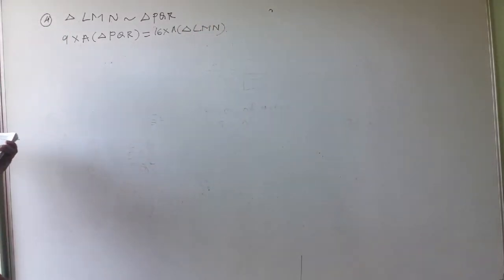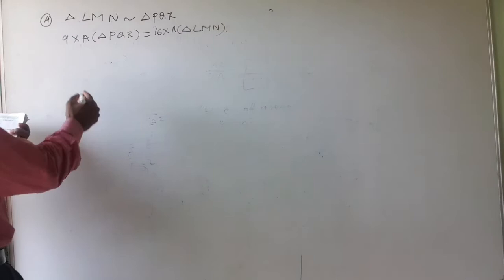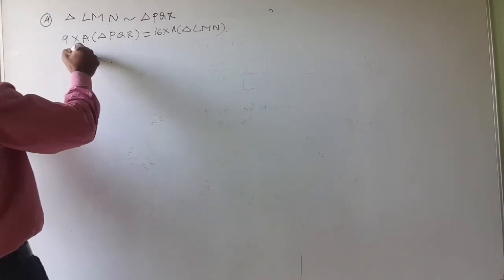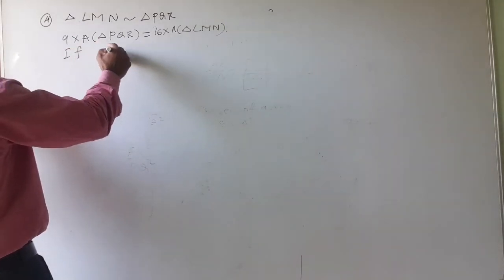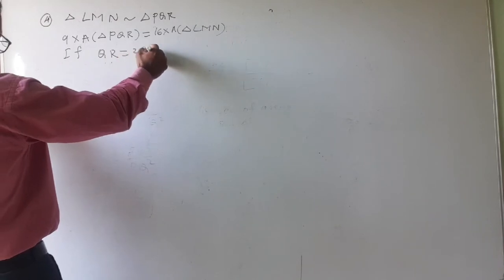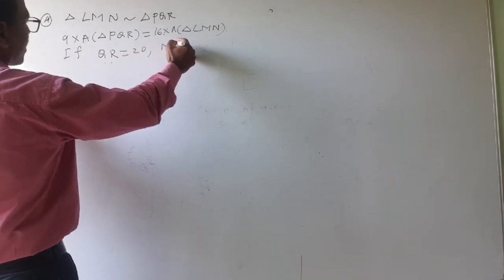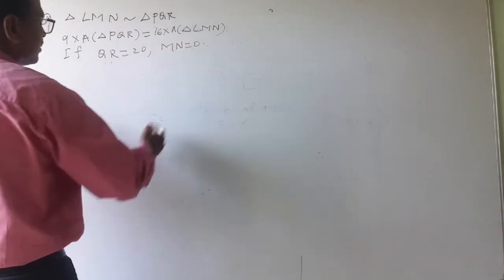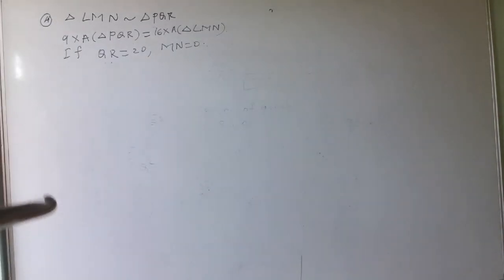Indirectly they have given the ratio. If QR is equal to 20, MN is equal to question mark. So this is the question. Now definitely you can solve this.